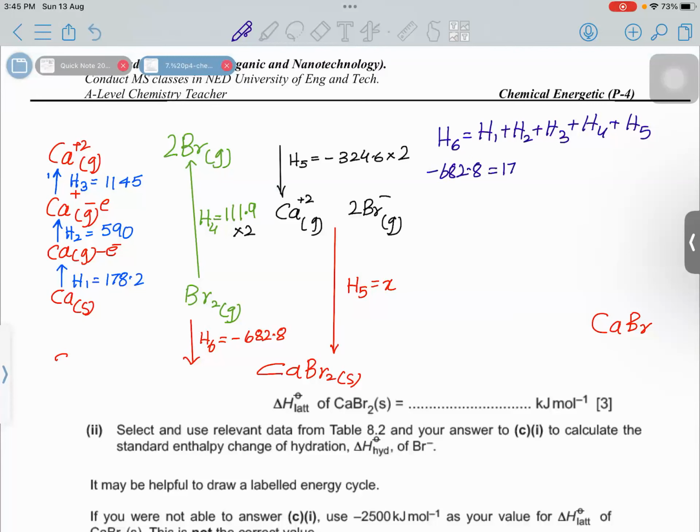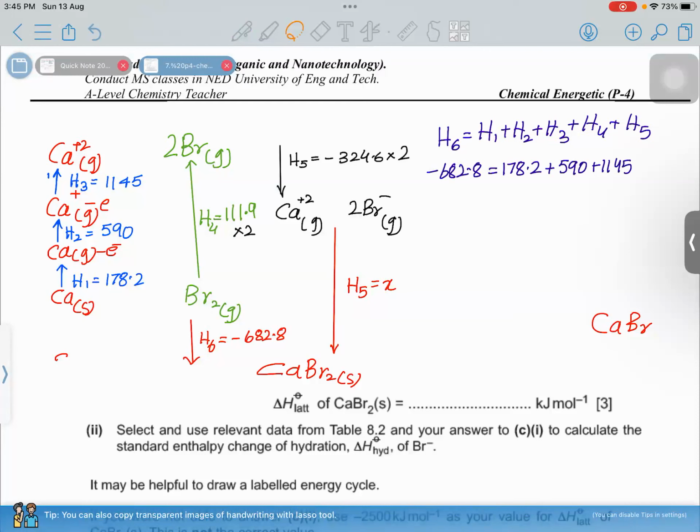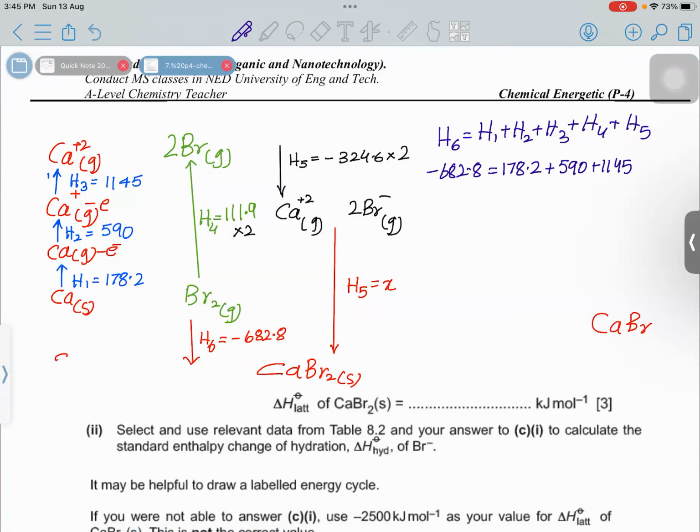H1 is 178.2. H2 is 590. H3 is 1145. And H5 is 2 times minus 324.6.